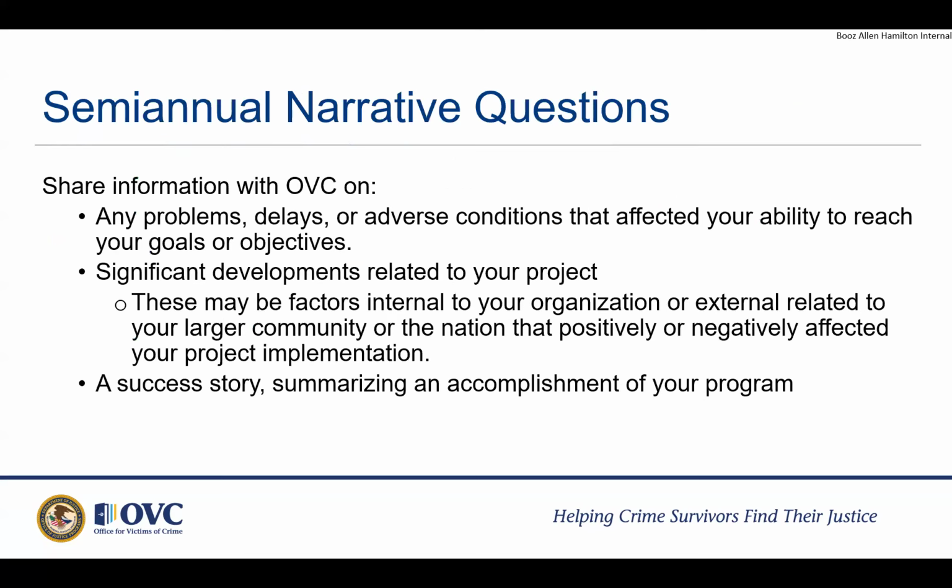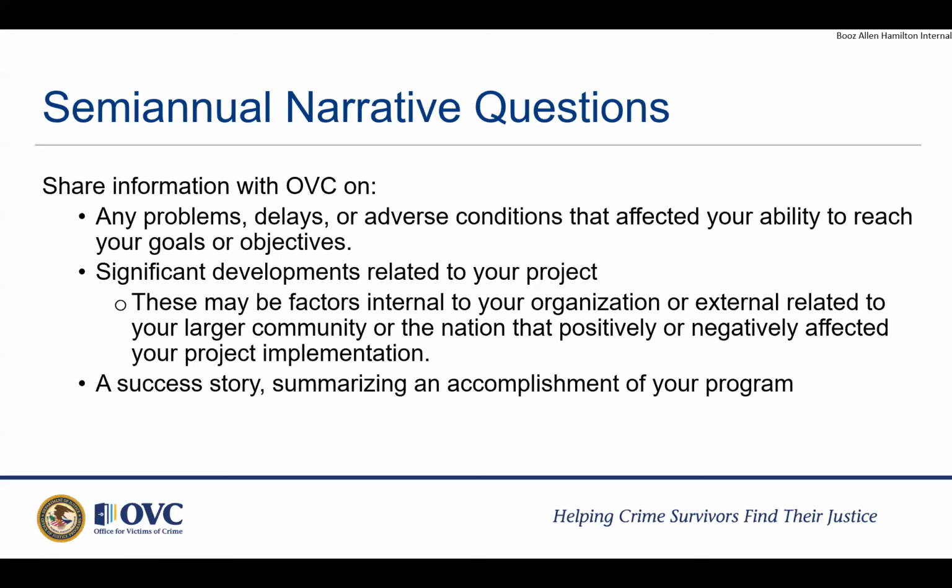So the previous measures were all quantitative, and now we're getting into the qualitative semi-annual narrative questions. These are asked twice a year, in January and in July. They're just open-ended responses composed of anything that you want to highlight about your project and your progress, any challenges.